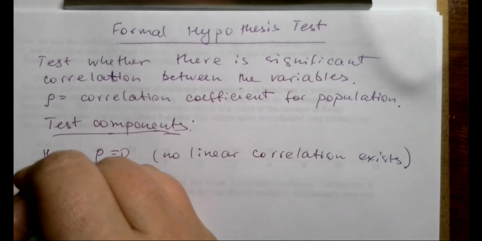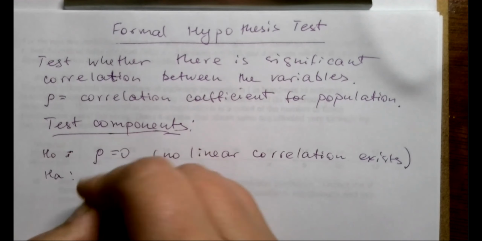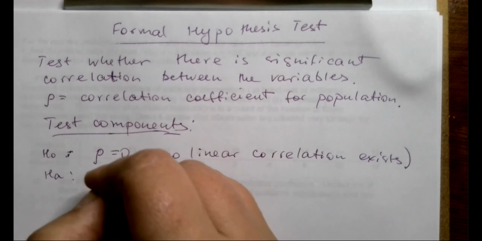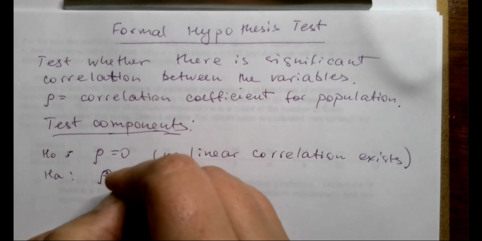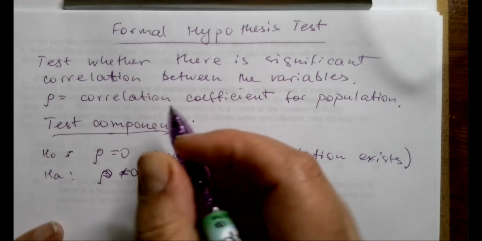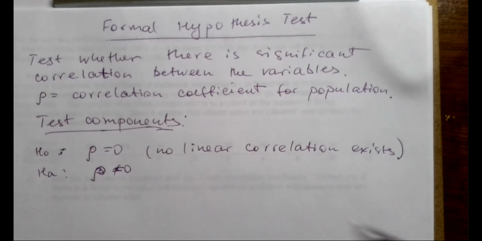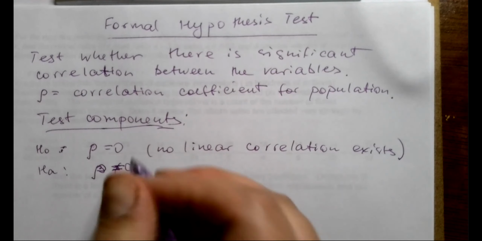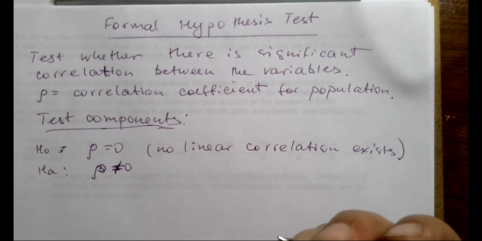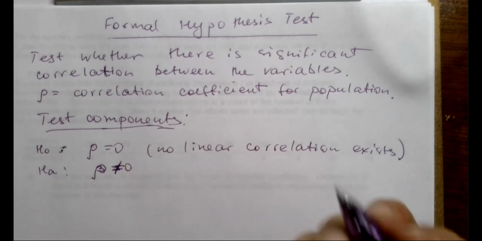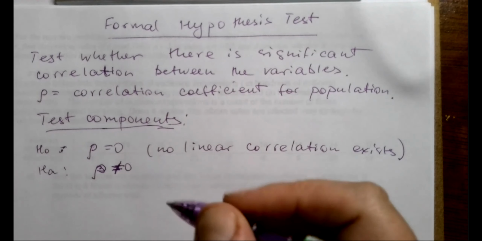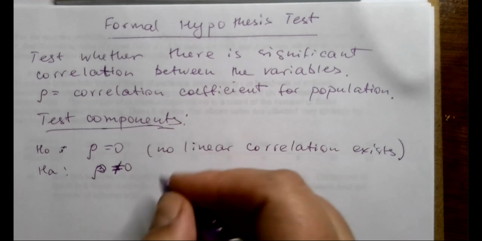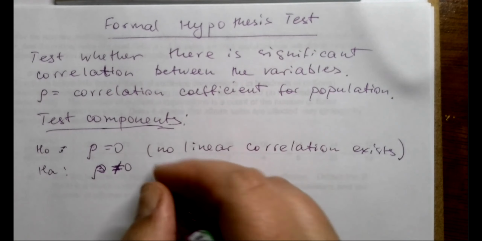Our alternative hypothesis will be rho is not equal to 0. This is standard. You don't have to decide whether it's less than or greater than; it's always going to be not equal to, which means the correlation exists.